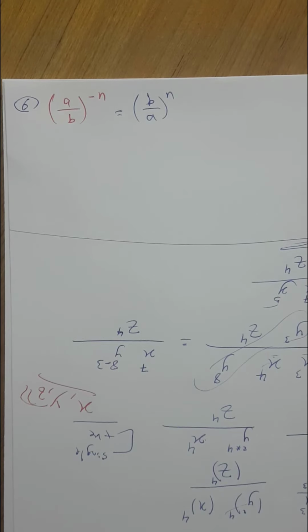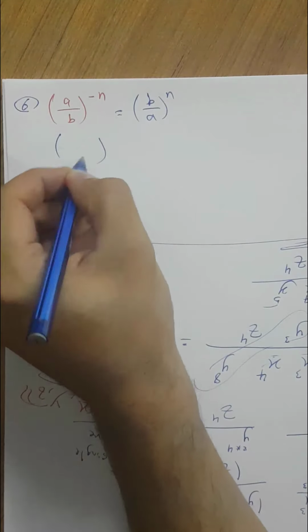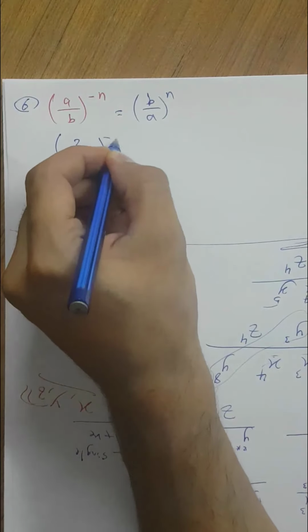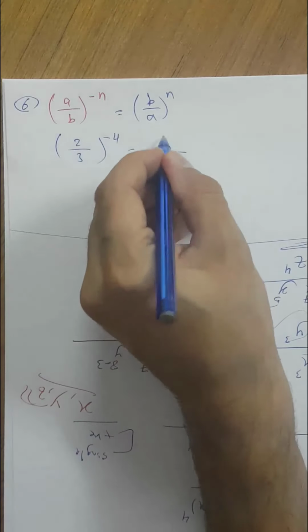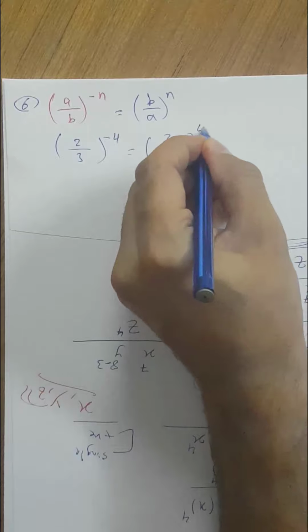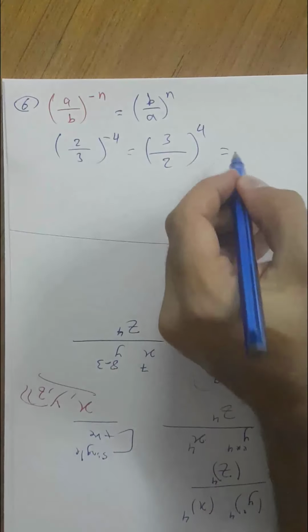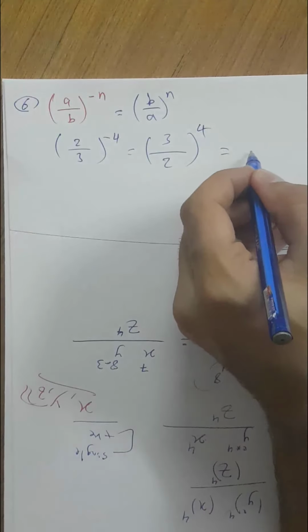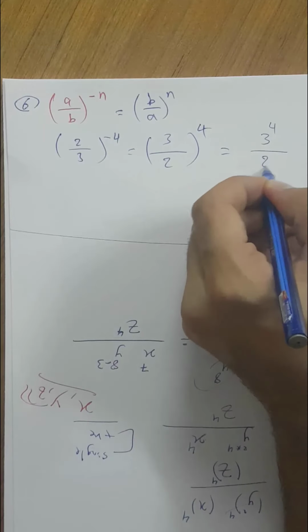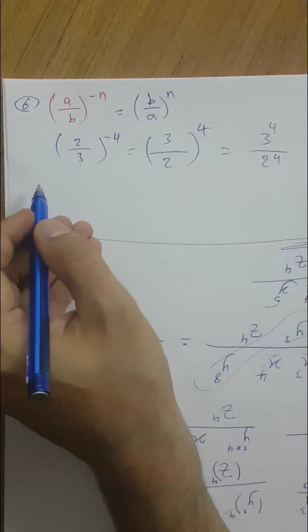That's all that we have. Example on this one: if I have 2 over 3 with negative 4, I'll say it is equal to 3 over 2, all of them with the 4, I change it, and it's equal to 3 to power 4 over 2 to power 4, and so on.